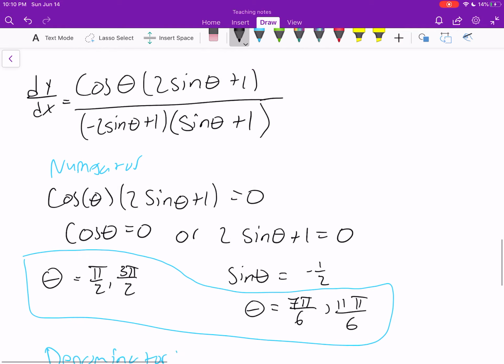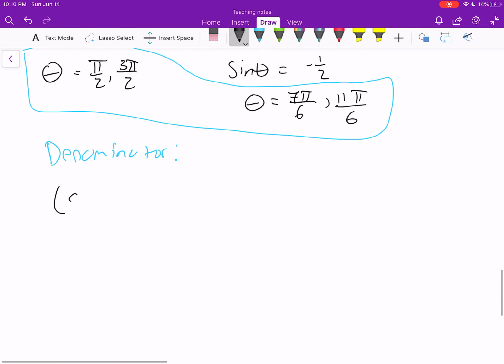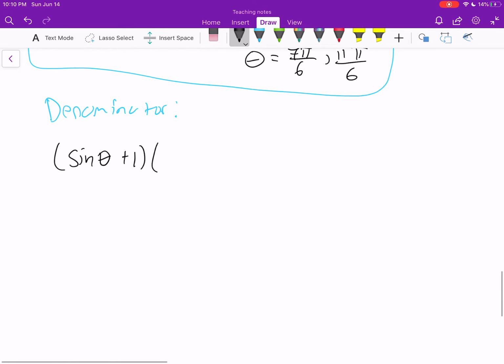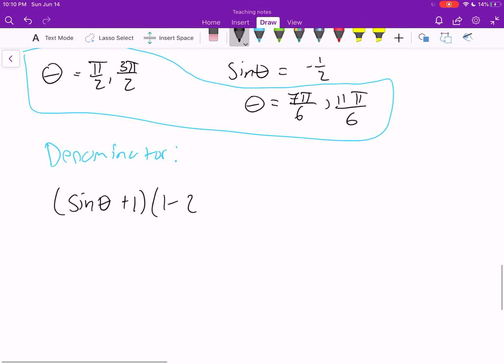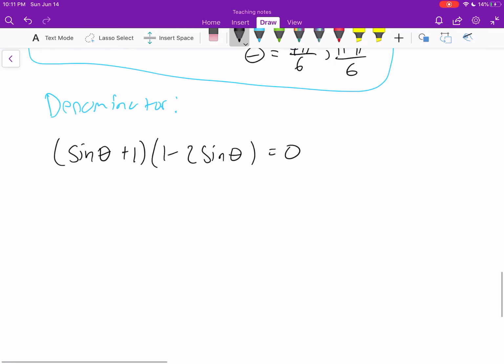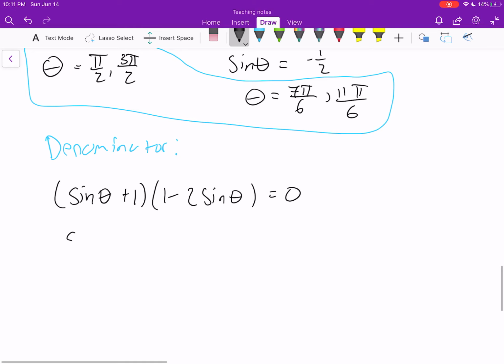So the denominator is sine theta plus 1 times 1 minus 2 sine theta. So this gives me, again, sine theta is equal to -1, or sine theta is equal to 1/2.